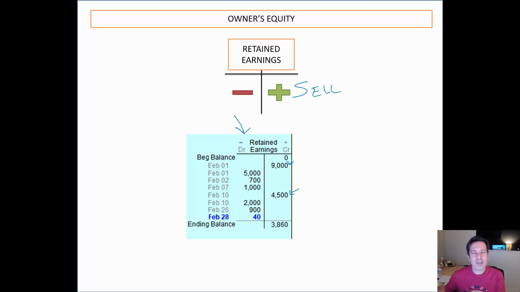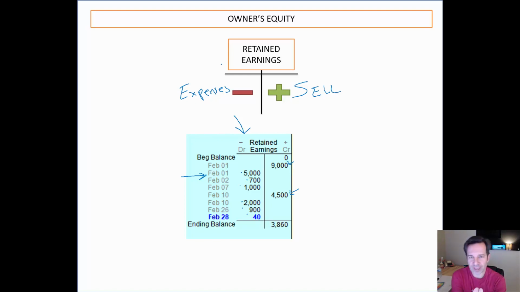Makes sense? And in Solid Footing chapter 3, it has you put all of your expenses as a debit to retained earnings. You can see we have all these numbers right there on the debit side. All those are expenses. So that's what chapter 3 shows you, okay? It has you put all your sales in as a credit to retained earnings and all your expenses in as a debit to retained earnings.